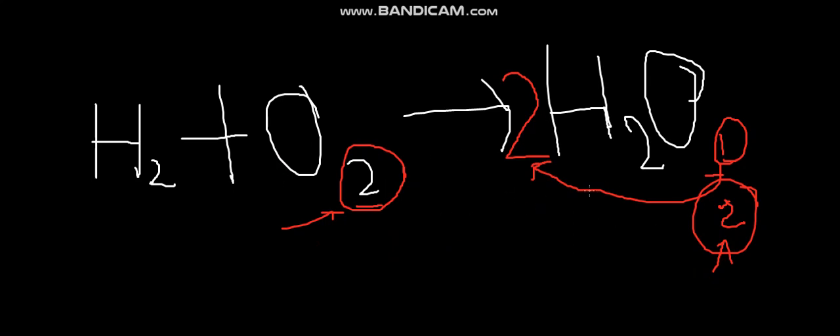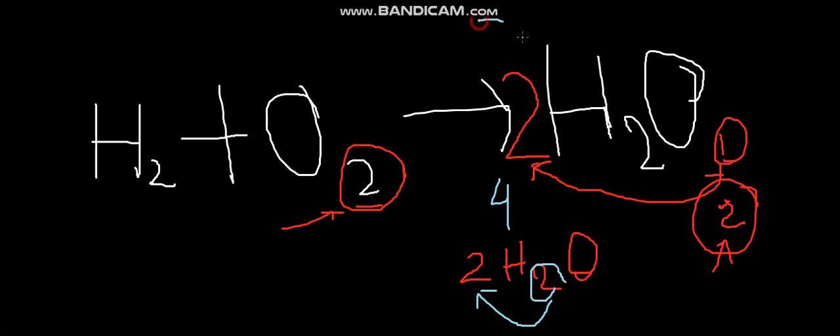But wait, the number of hydrogens has increased. As this is a compound, with more than one element, we cannot multiply only part of the compound. We have to multiply the whole compound. That means 2H2O, so there are 2 times 2, 4 hydrogens on this side, but only 2 hydrogens on the reactant side.